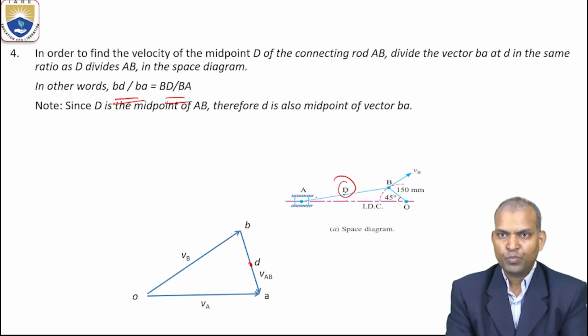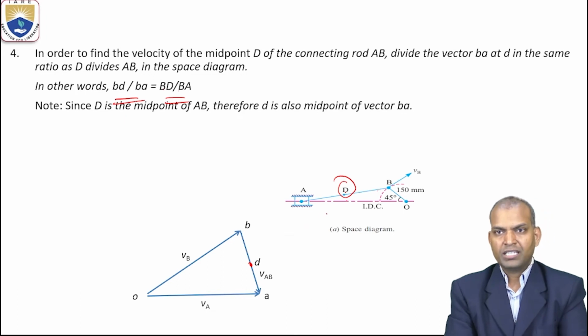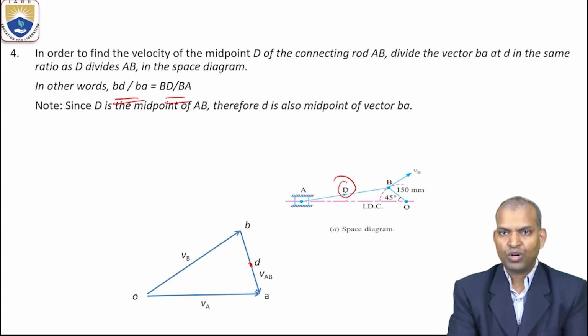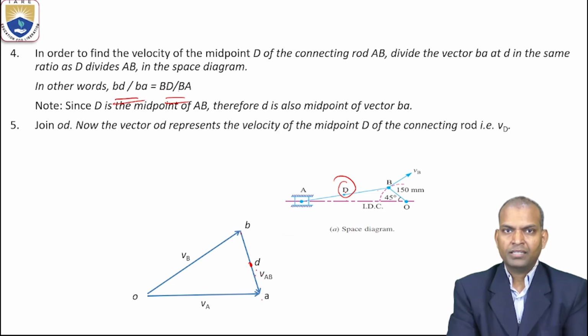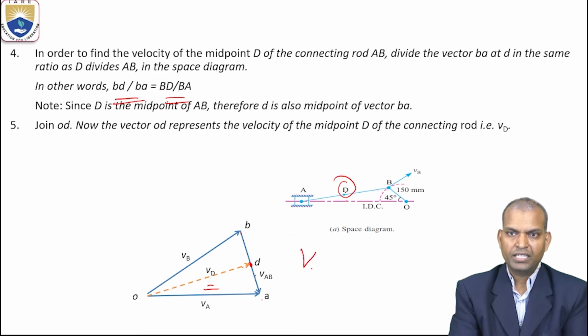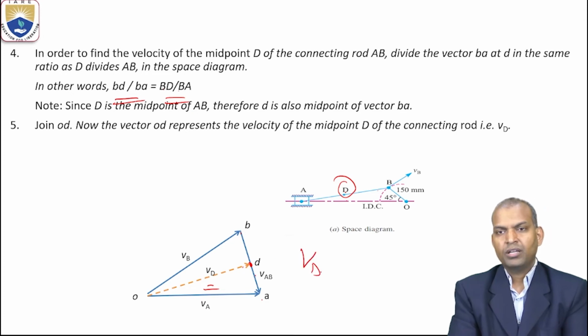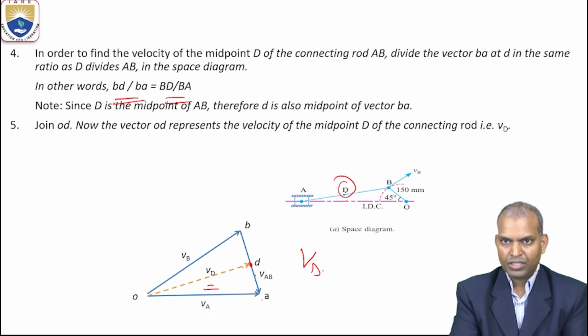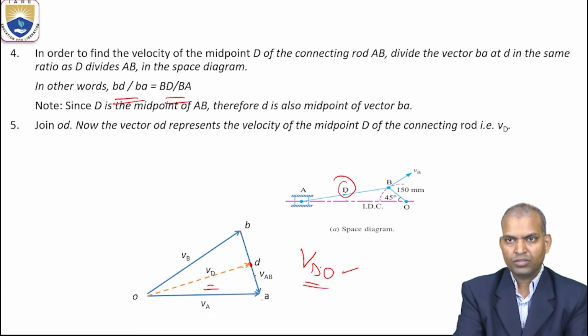Capital D is the midpoint of configuration diagram link AB. That same ratio gives small d on vector AB. Then join O to D, which represents the velocity of D with respect to O. VD is the velocity of the midpoint of the connecting rod D with respect to O, that is the absolute velocity.